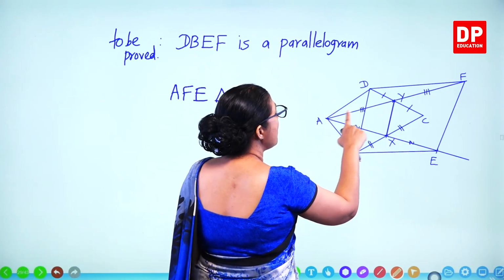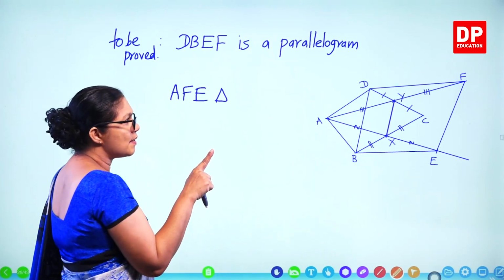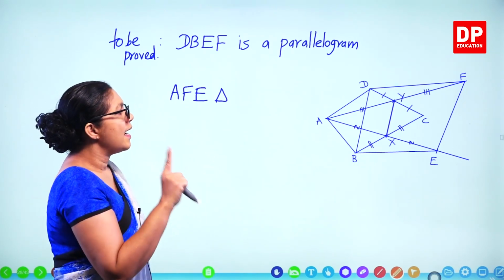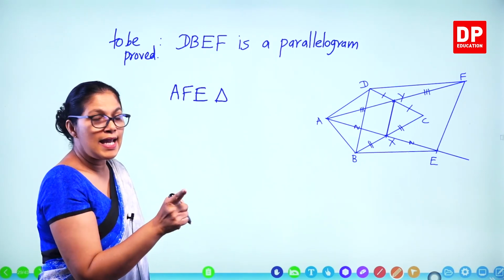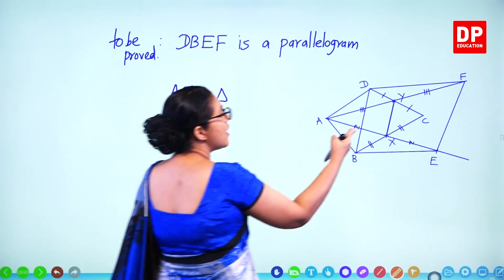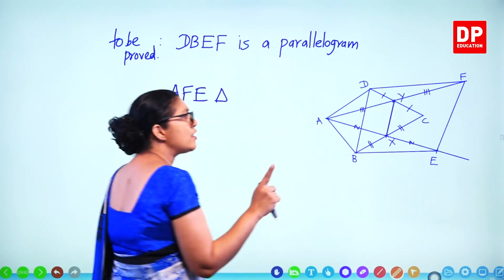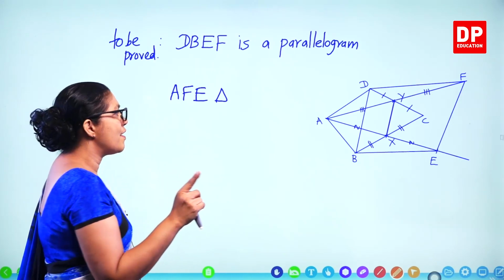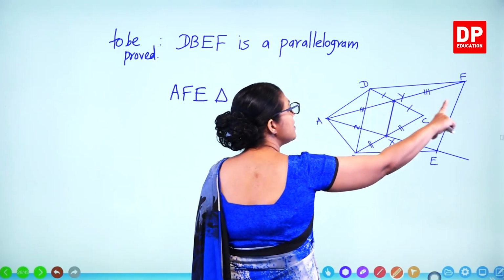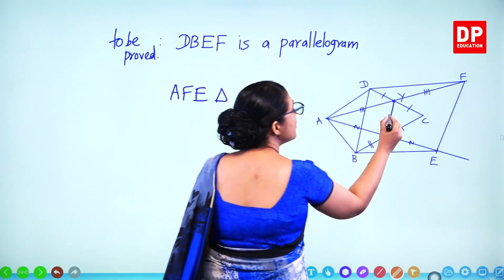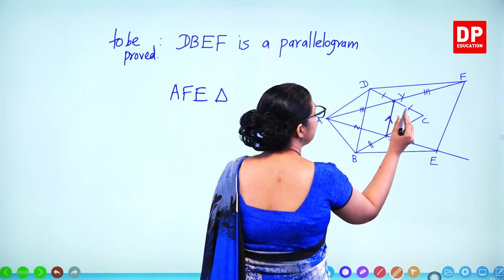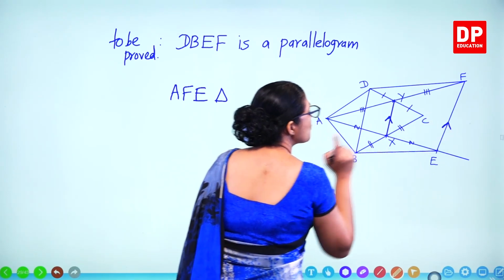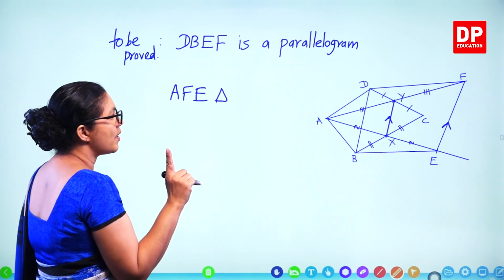In AFE triangle, AY equals YF. Y is the midpoint of AF. X is the midpoint of AE. So when you connect two midpoints, according to the converse midpoint theorem, this line is parallel to this one. So that's the first thing you can say.